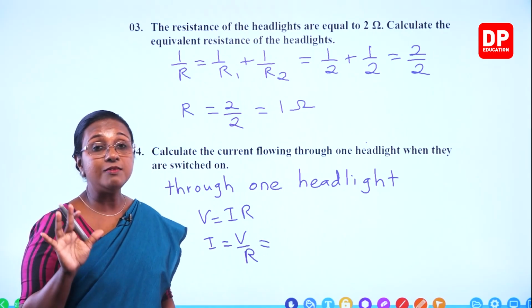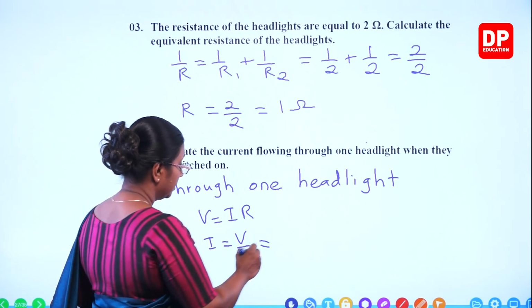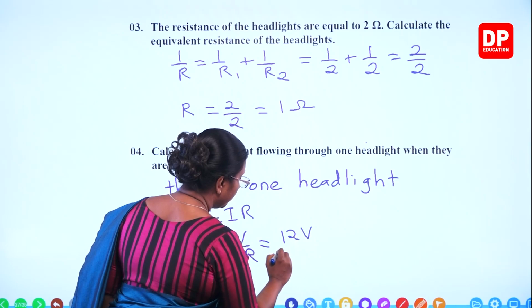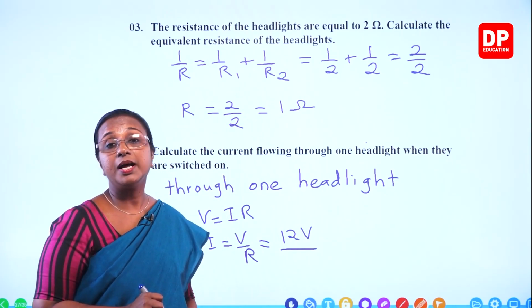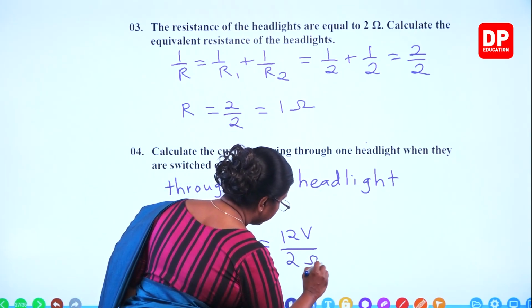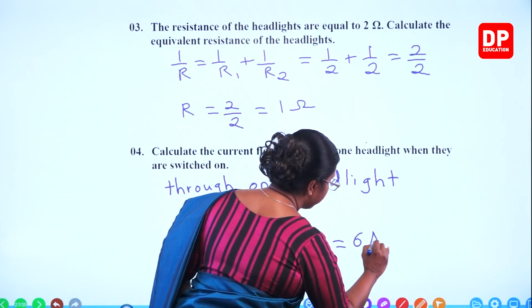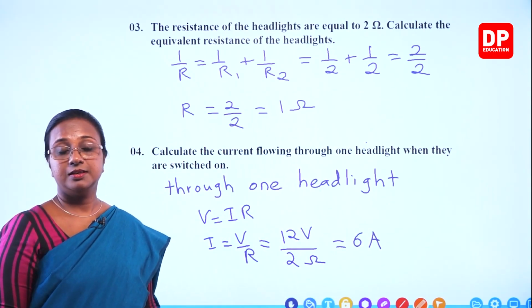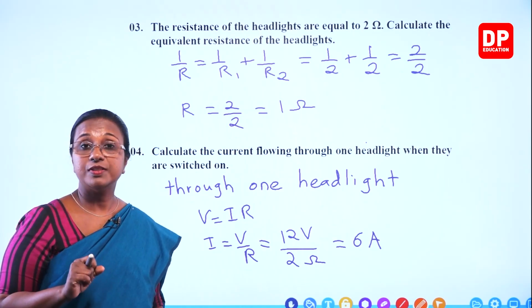The 12 volt potential difference is given to both the headlights. So 12 volts, and the resistance, one headlight is equal to 2 ohms. So 2 ohms. Then 12 divided by 2, 6 amperes of current. That is a current that is enough for the brightness of the headlight.